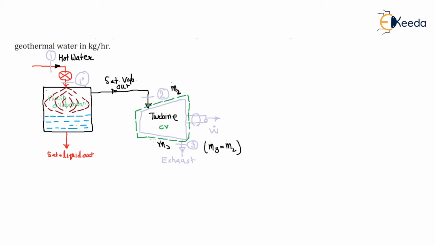At state 1, that means inlet to the throttle valve, what is it? Water. And what is the condition? Water at 1.5 megapascal and the temperature is 180 degrees centigrade. So these are the properties given.